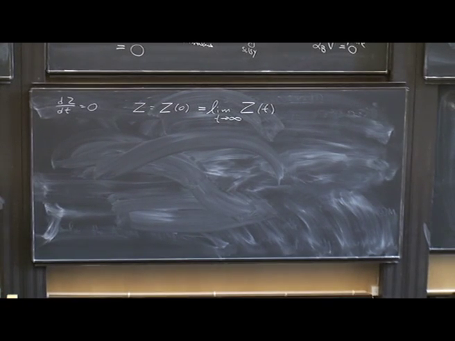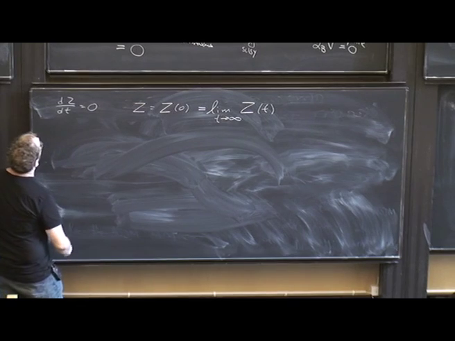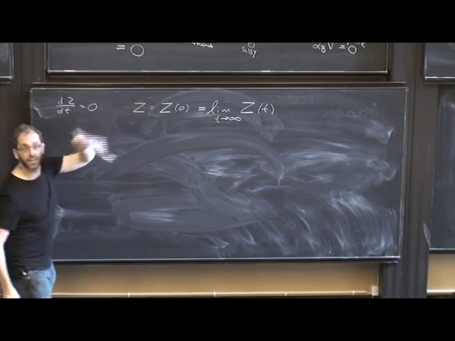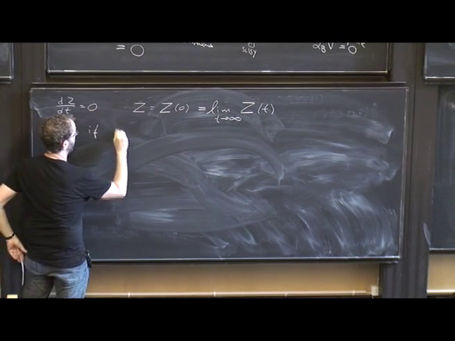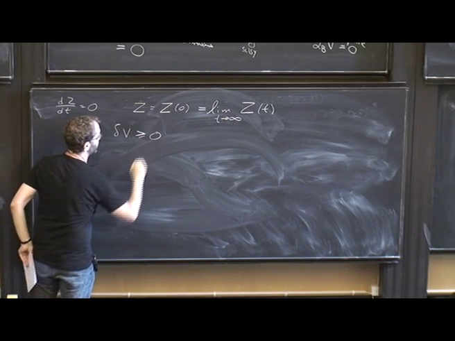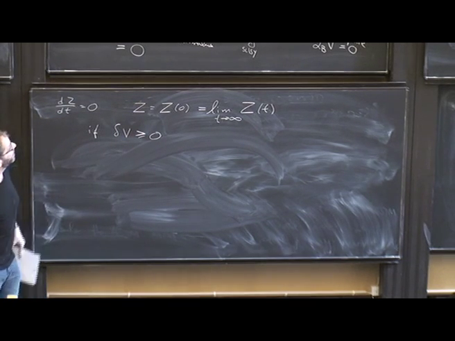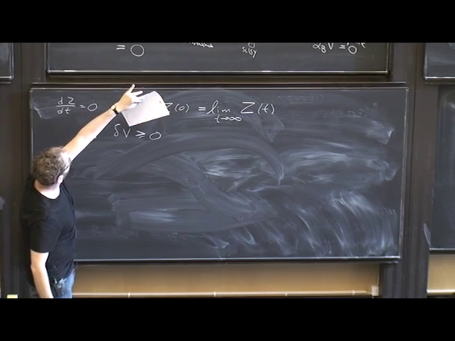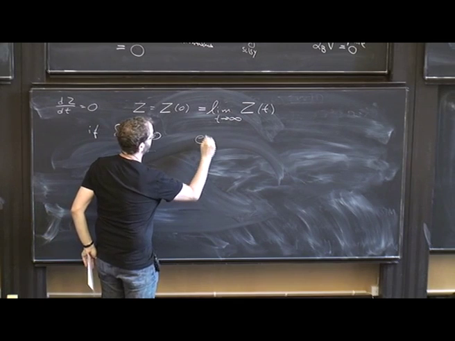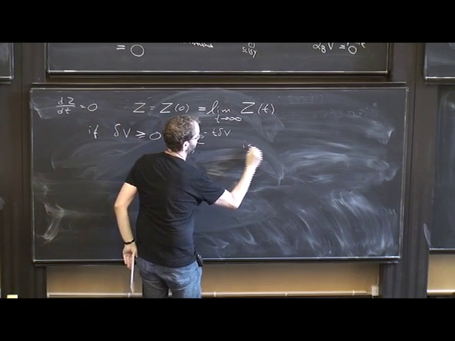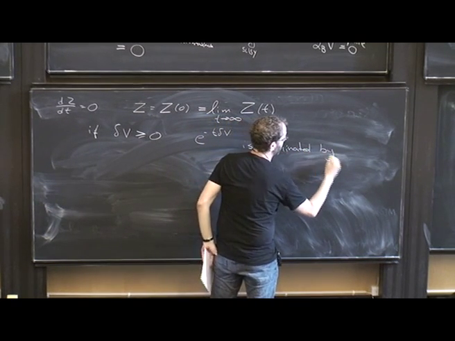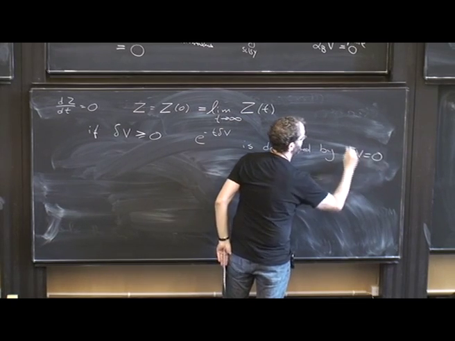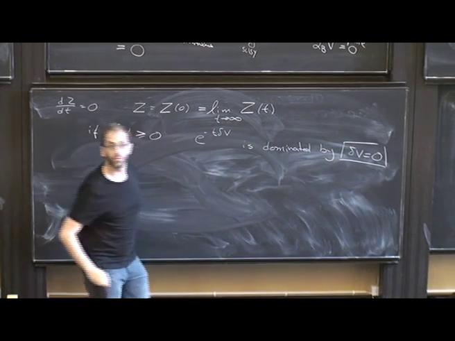And this is what we're going to calculate, because when t goes to infinity, we have in the path integral e to the minus t times delta V. So if delta V is greater or equal to 0, you will have e to the minus t delta V dominated by the solutions of delta V equals 0.